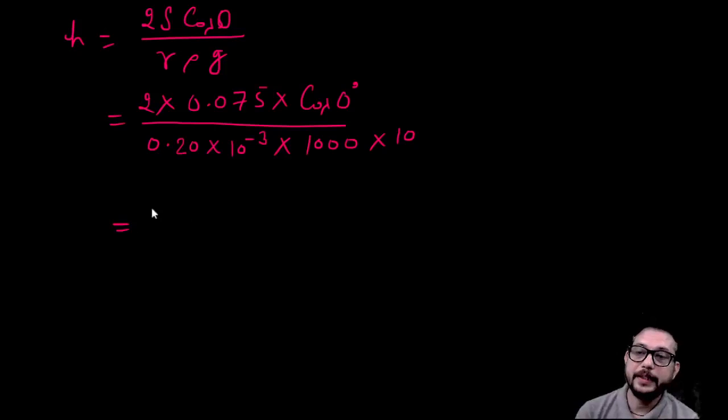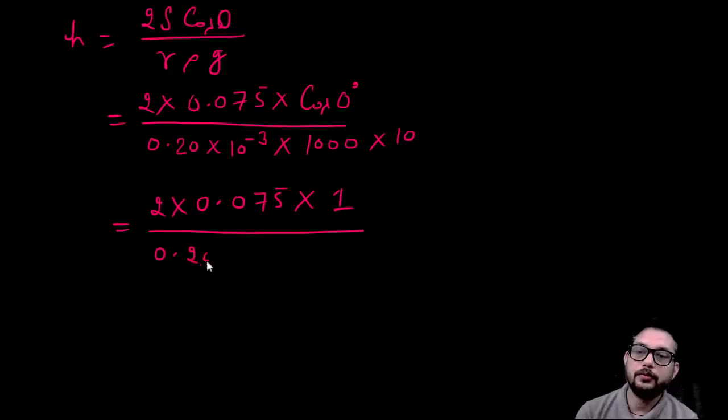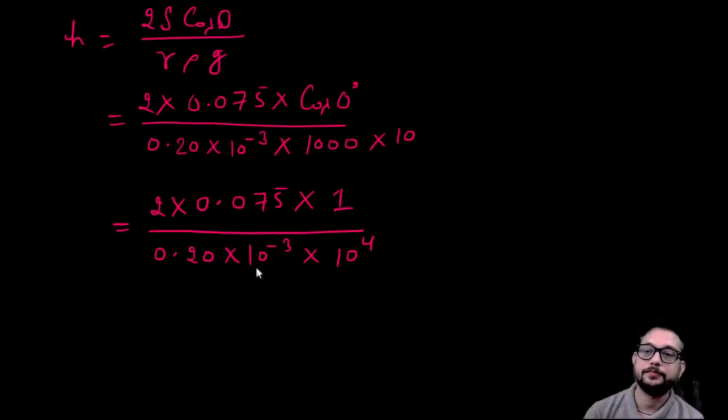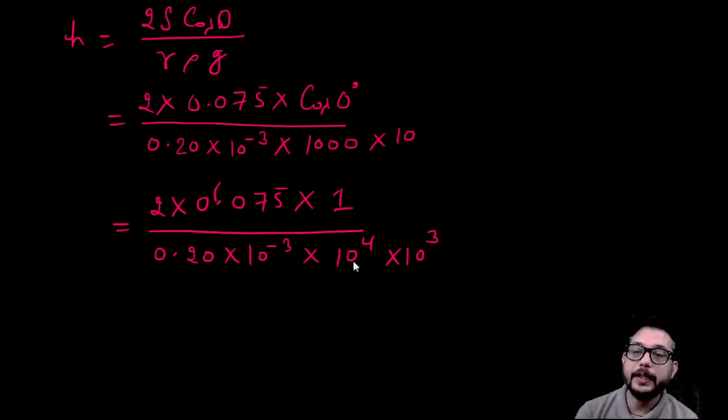So it can be rewritten as 2 into 0.075 into cos 0, that is 1, divided by 0.20 into 10 to the power minus 3 into 10 to the power 4, because this is 10 to the power 3 and 1, so 10 to the power 4. Now, if we remove this decimal, then 10 to the power 3 will be on the lower side, and if we remove this decimal, then 10 to the power 2 will be on the upper side.